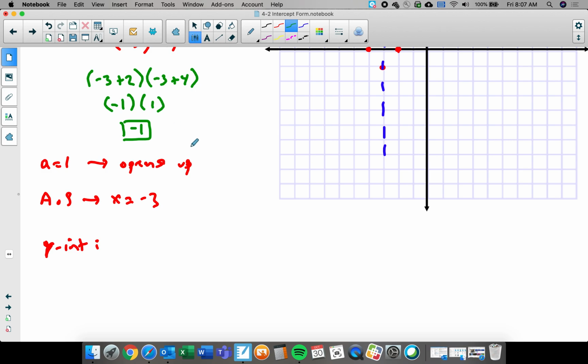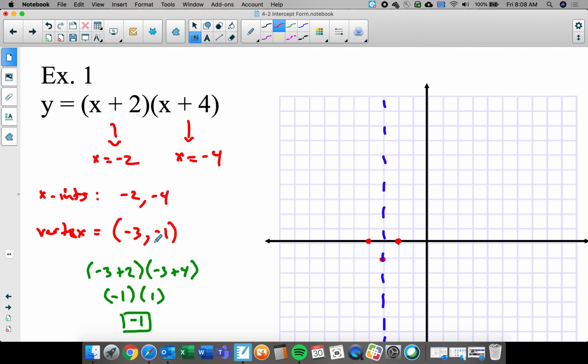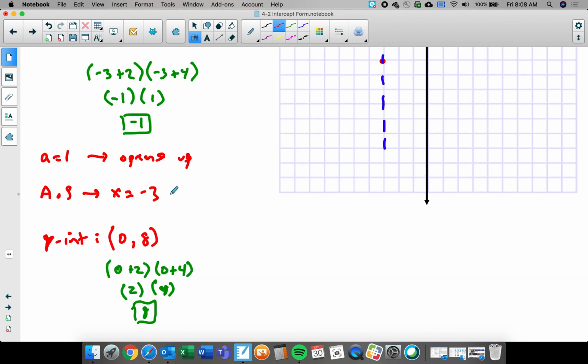So in this case, I would have 0 plus 2 and 0 plus 4. Well, that gives me 2. This gives me 4. And therefore, I end up with +8 as my y-intercept. So the y-intercept is 0, 8. I took 0, plugged it into the factored form, and got an answer of 8.